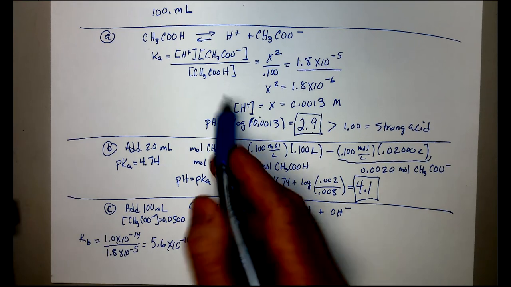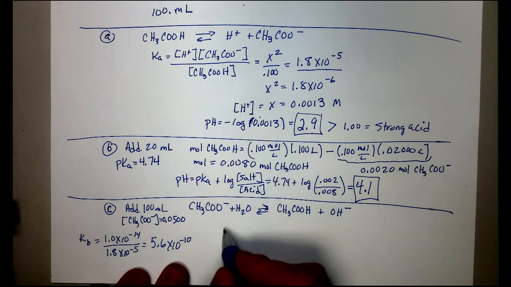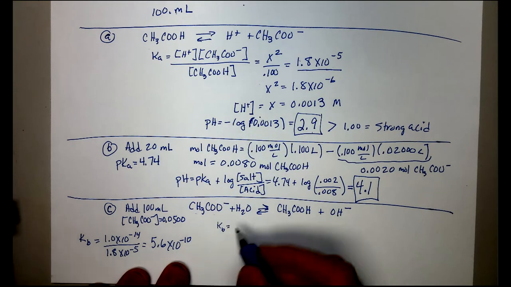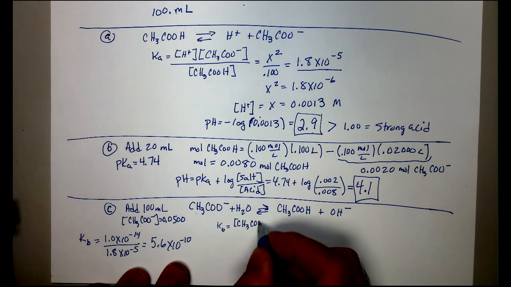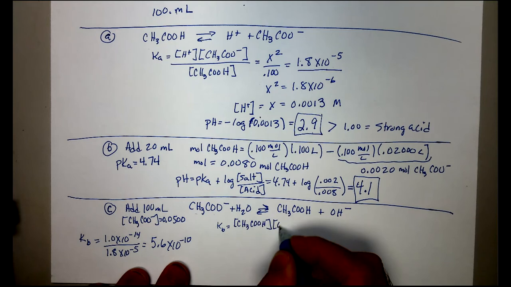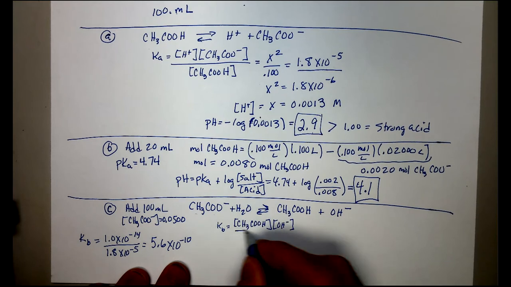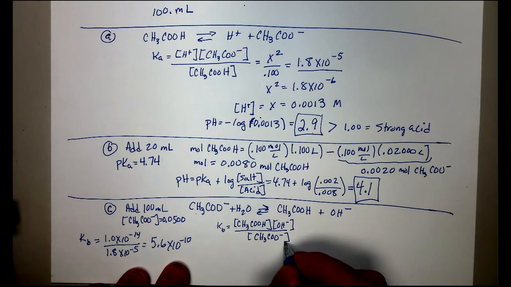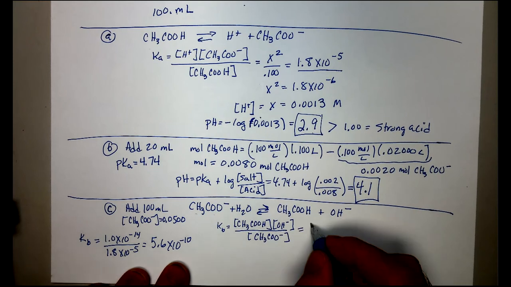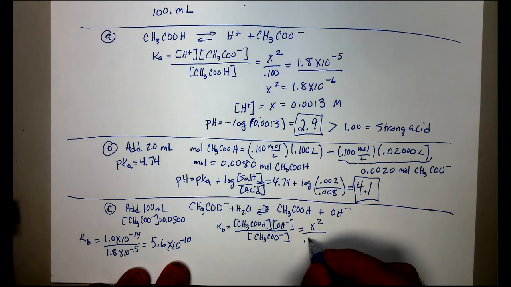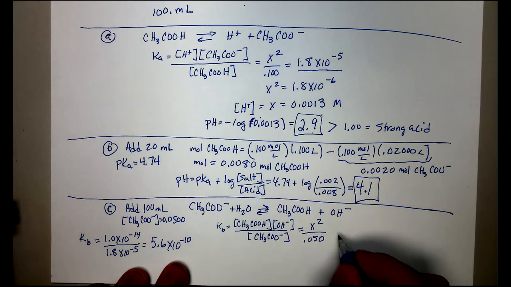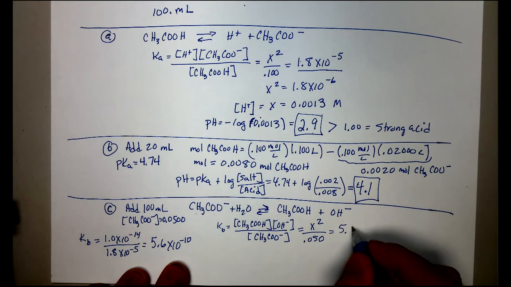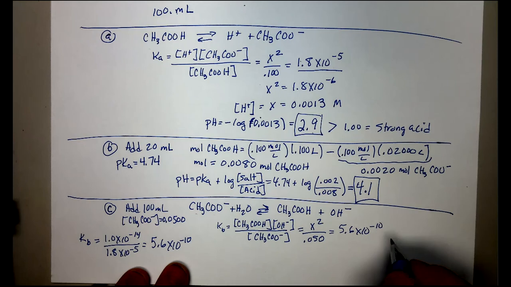Now we can work it pretty much like the problem up here. So our Kb is equal to the concentration of our acetic acid, concentration of hydroxide over the concentration of our acetate ion. So that's going to essentially end up being x squared, but now divided by 0.050, and that'll equal 5.6 times 10 to the negative 10th.